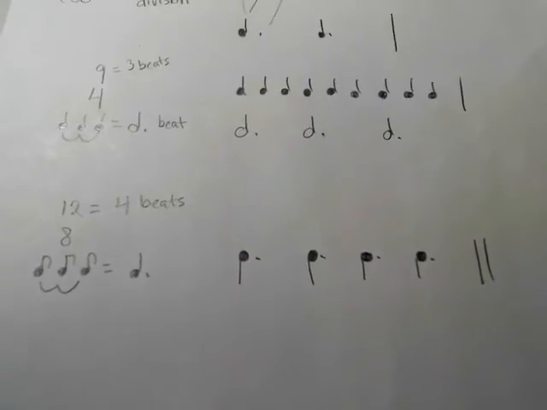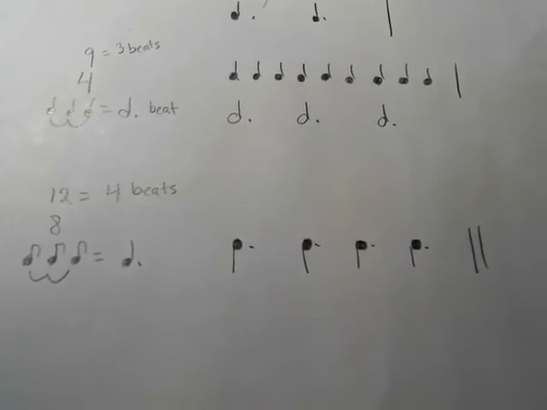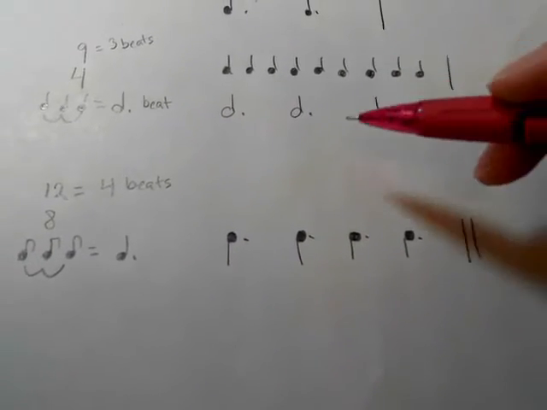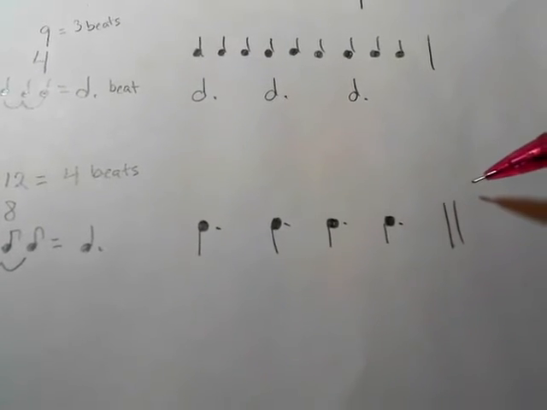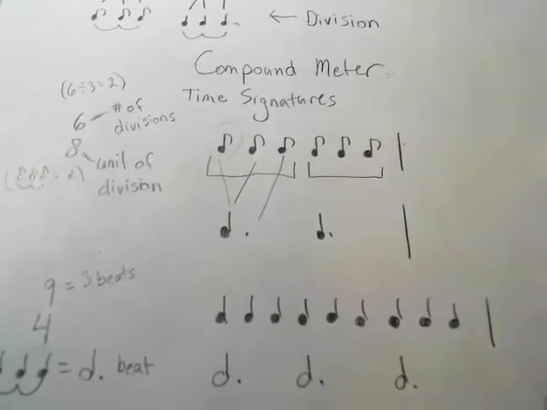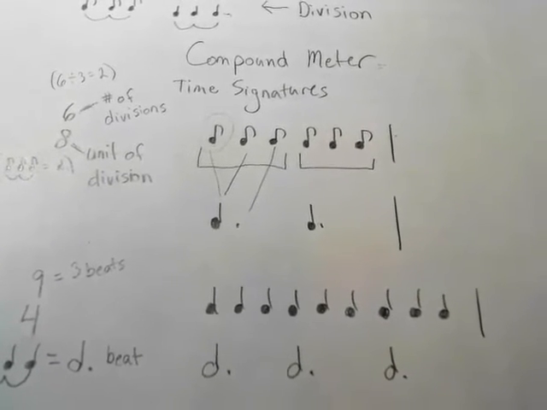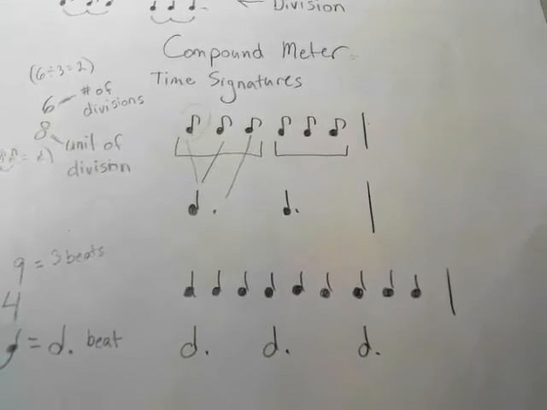Okay, you'll notice something. No, actually I didn't do this yet. So you will not notice it because it didn't happen yet, but I'm going to show you something and then you can notice it. If I just wanted to write out all of my eighth notes here, I could write out 12 eighth notes. And if I wrote them with flags, like in my 6/8, they just kind of look like they're floating out there by themselves.